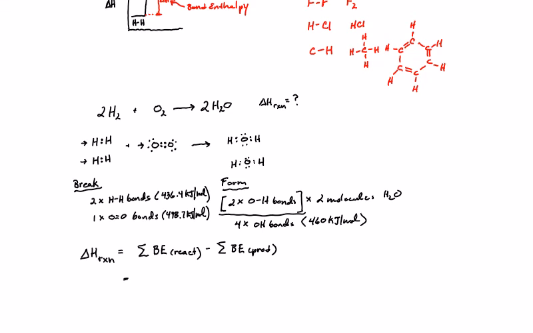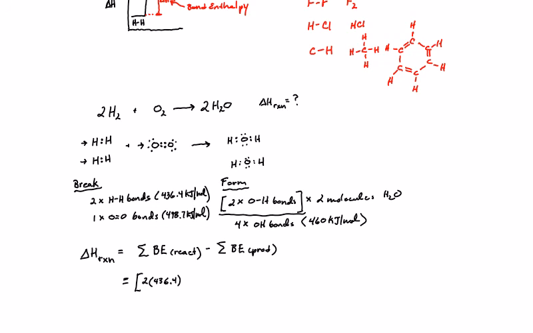So the enthalpy of this reaction is going to be equal to the sum of the bond energies of the reactants, the hydrogen and the oxygen. For the hydrogen, we have 2 times the bond enthalpy for an HH bond, which is 436.4. For the sake of keeping things tidy, I'm going to leave the units out.